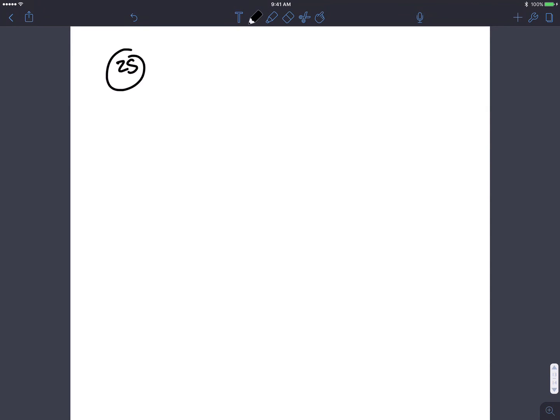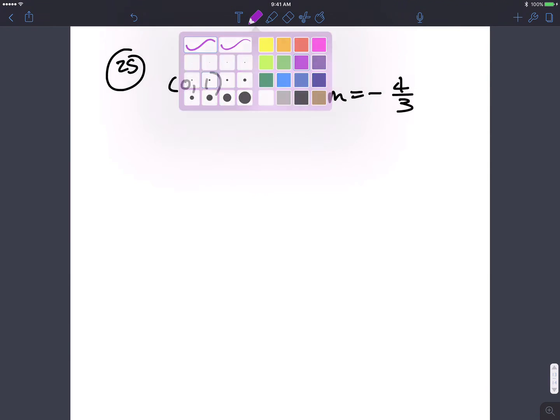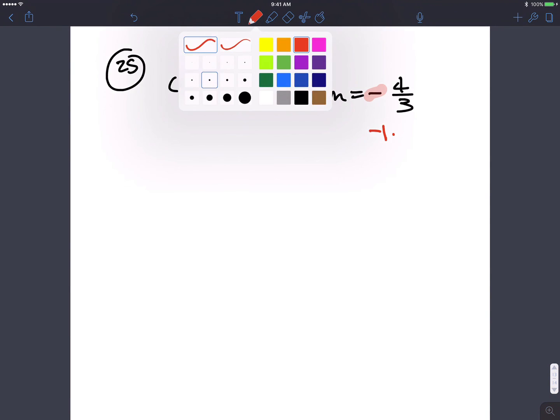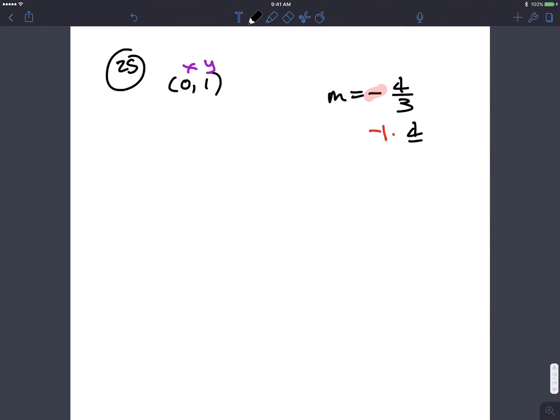Number 25. The y-intercept is at 0, 1, and our slope is at negative 4/3. X-coordinate, y-coordinate. Keep in mind that the slope here is negative. So I'm going to write my slope as simply negative 1 times that fraction of 4/3.